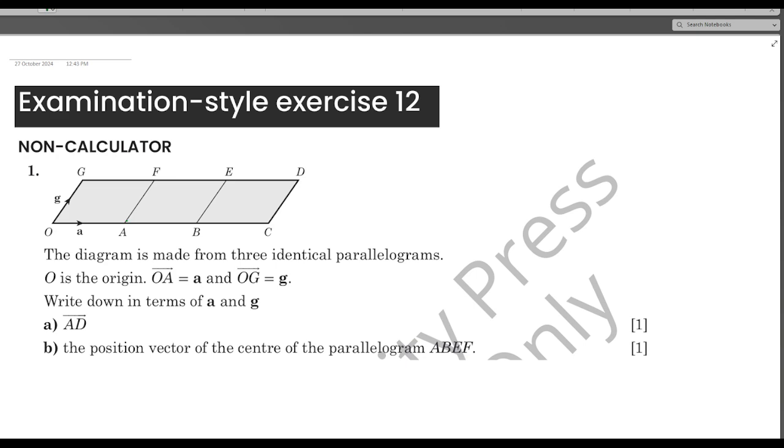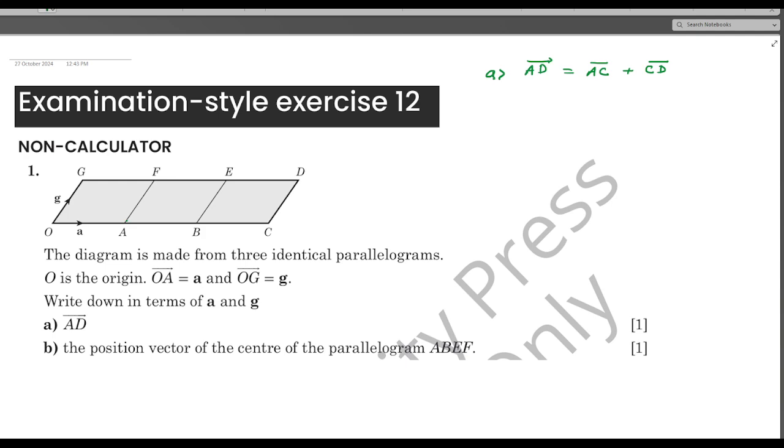Now this vector AD, let me solve here your question A. Your vector AD can be written as your vector AC plus your vector CD.